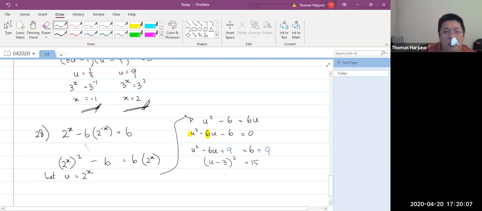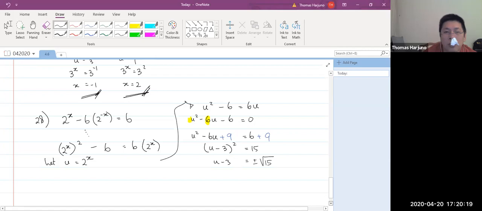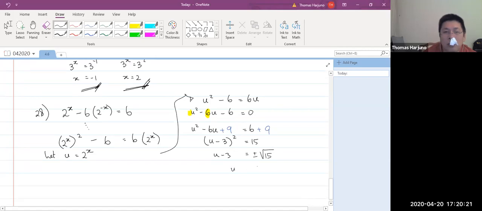So u minus 3 equals plus or minus square root of 15. Is it okay? And then u equals 3 plus or minus square root of 15.